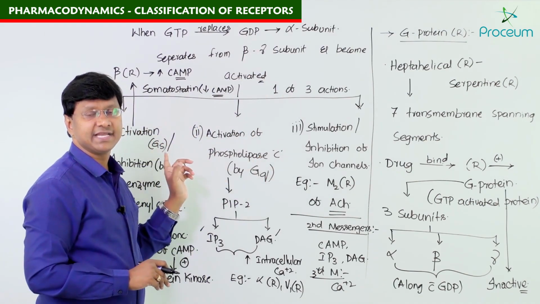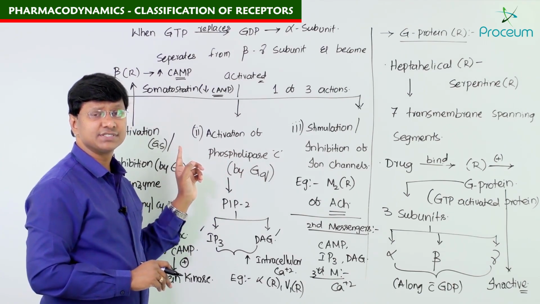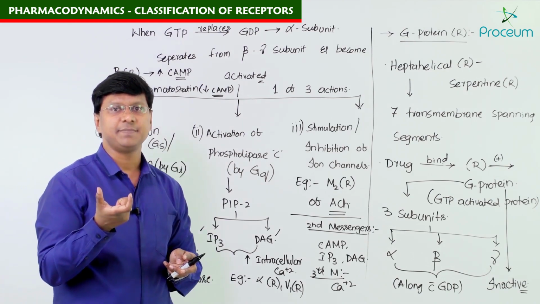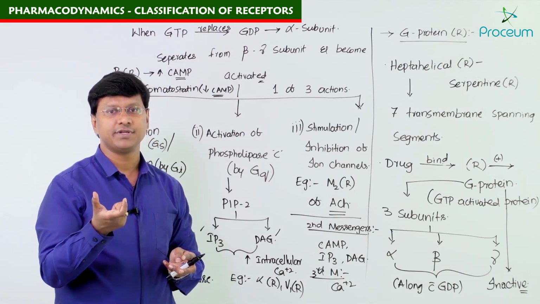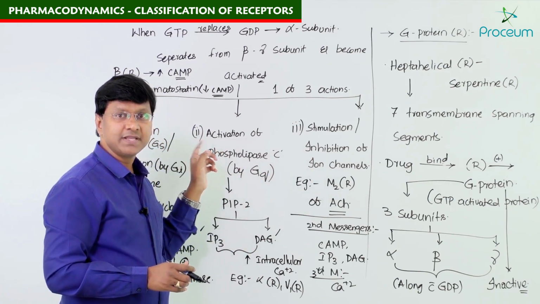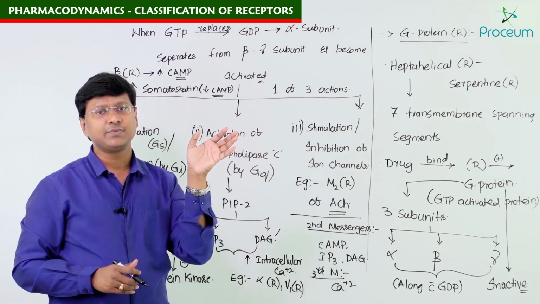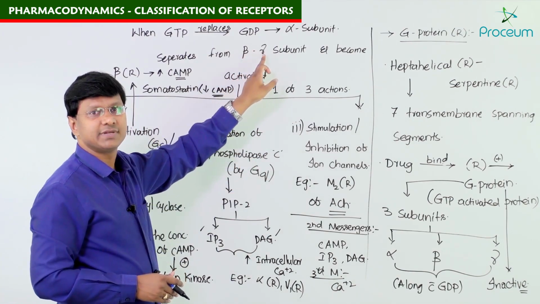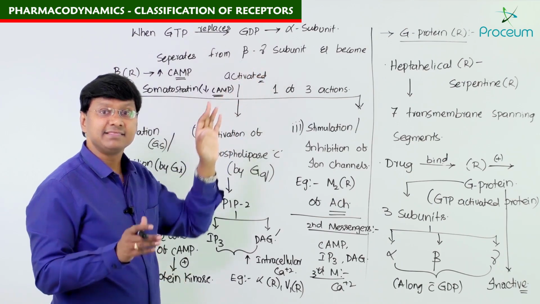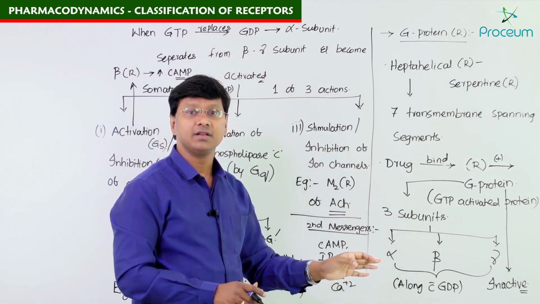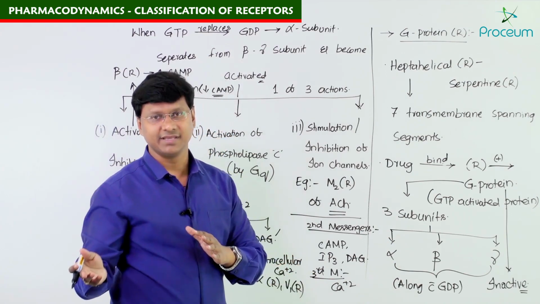After activating these, the alpha subunit will rejoin with the beta and gamma subunits, and the entire G protein is available for action once again.